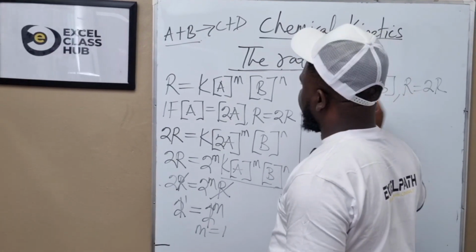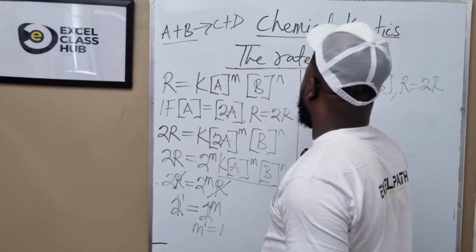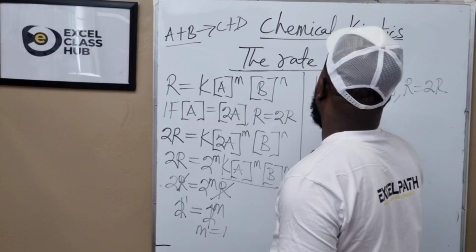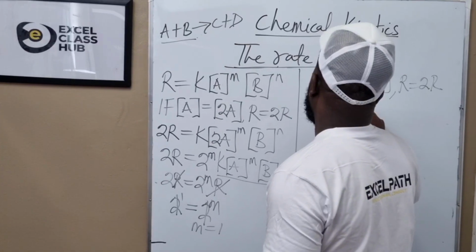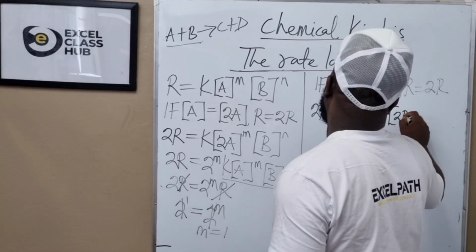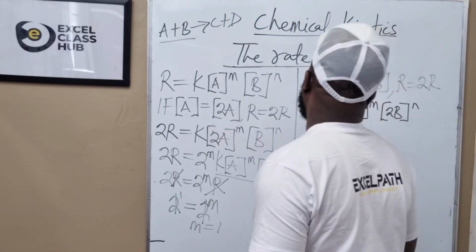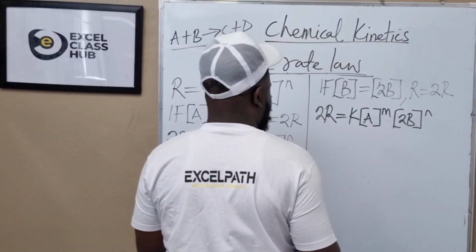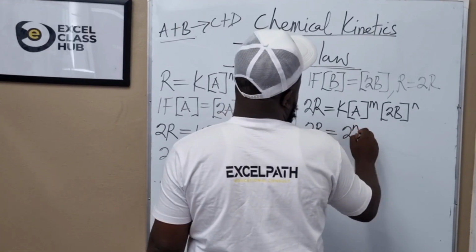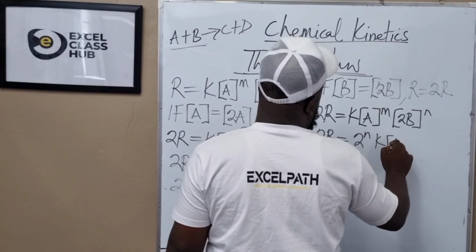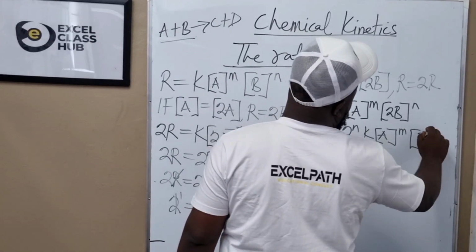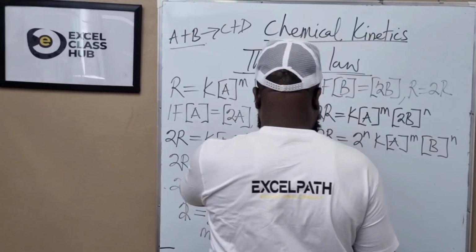Anywhere you see R, you represent it with 2R. So instead of R now, write 2R is equal to K, concentration of A raised to power M, then 2B raised to power N. So that becomes 2R is equal to 2 raised to power N times K, concentration of A raised to power M, concentration of B raised to power N.